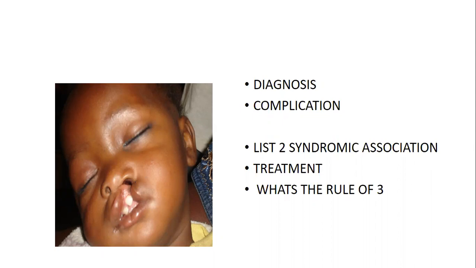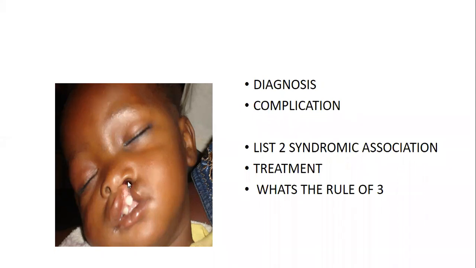Having said that, to classify clefts, you can classify cleft into complete or incomplete. How do you know the cleft is incomplete or complete? If the cleft extends into the nasal sill, this bridge here in your nose, this is the nasal sill.